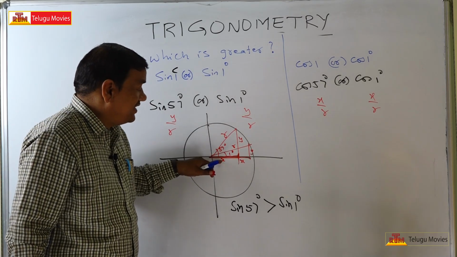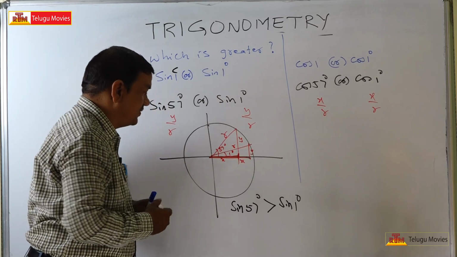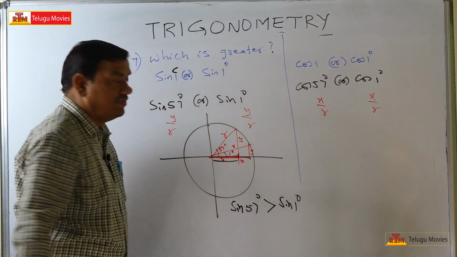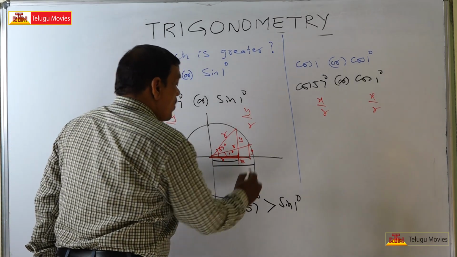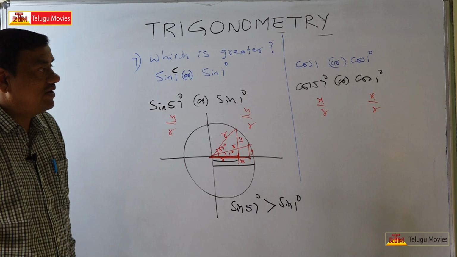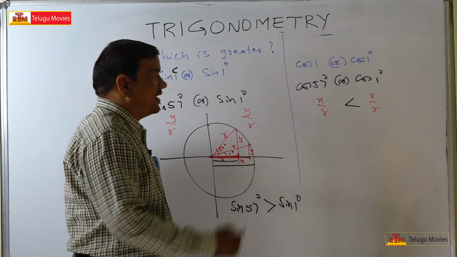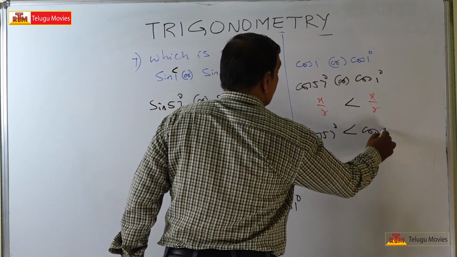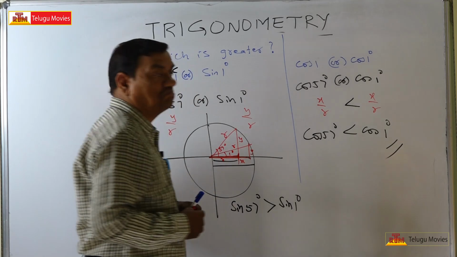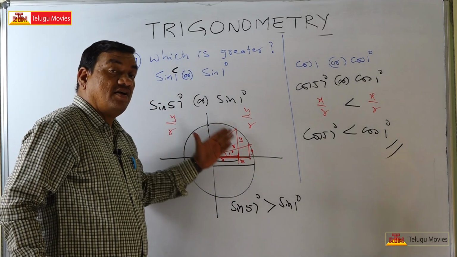The 57 degree adjacent side is up to here only, and this is the 1 degree adjacent side. So from this, what can you say? x by r is less than x by r, that is cos 57 degrees is less than cos 1 degree, clearly. Very logically we can prove that by seeing the diagram.